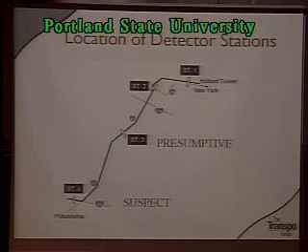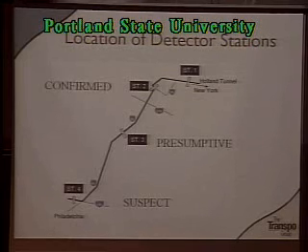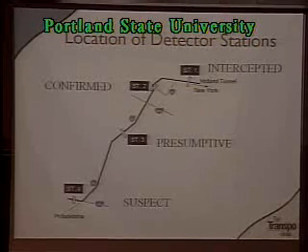This is why we have 4 stations along this network. At station 3, if the alarm is confirmed, the status of the vehicle changes from suspect to presumptive. At station 2, the status becomes confirmed, and finally at station 1, this is where the interception takes place, supposing the alarm has been confirmed all the way through.